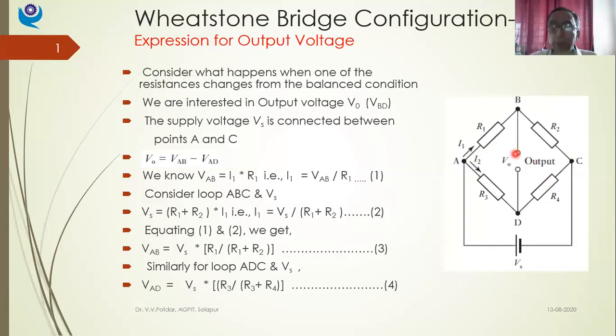This is how we have to write. You have to just show what are the currents. In arm AB, we have I1 current flowing. In arm AD, we have I2 current flowing, isn't it? Right? Hopefully you have noted down.